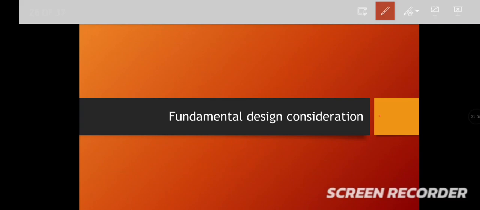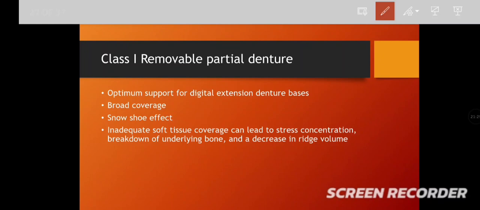It will allow displacement of about 0.2 mm, whereas soft tissue allows displacement of about 1 mm or more. As a result, there will be a significant difference in the support provided by teeth and tissue. So it is important to understand this difference when designing a removable partial denture.